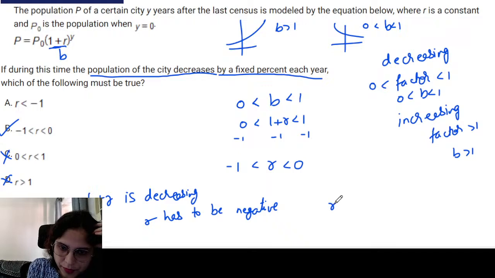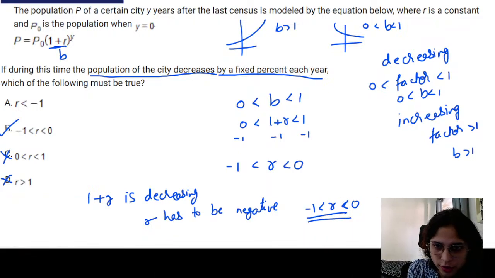So r has to be less than 0, because over here you are not taking care of things like -0.5 and all of that. So this is going to be my answer. That is how you can solve it by logic.